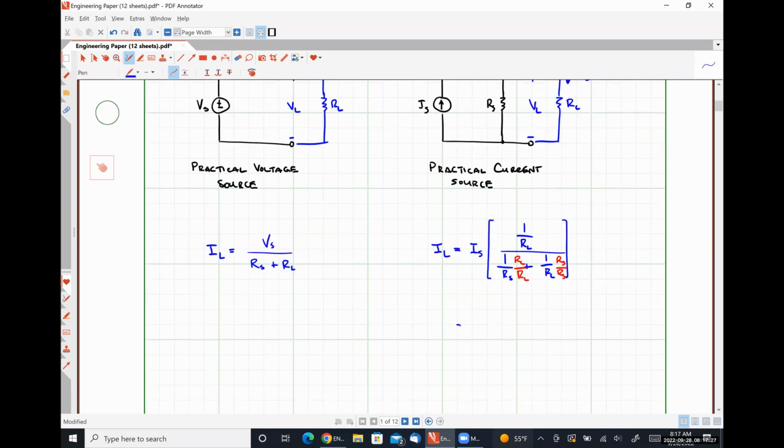And so what happens when I do that is I get IS times RL plus RS divided by RS times RL in my denominator. And then I have a 1 over RL here. This is slightly less bad, but it's not overwhelmingly less bad. But I have a fraction divided by another fraction. So what do I do when I'm dividing a fraction by a fraction?